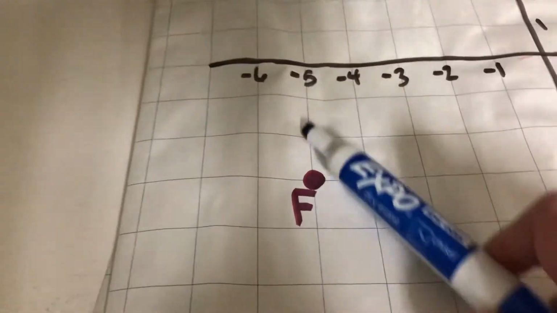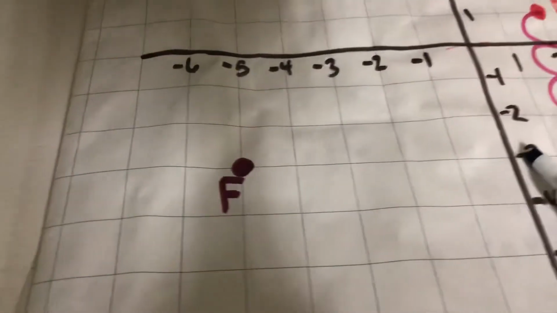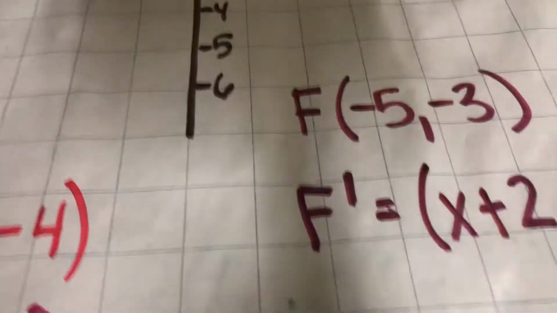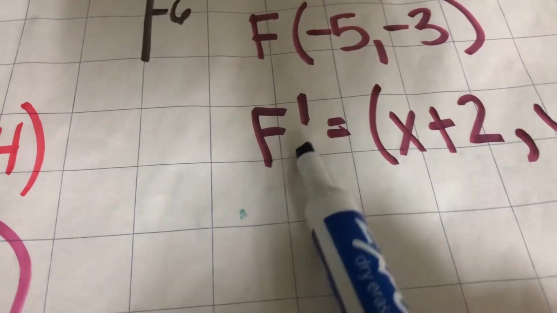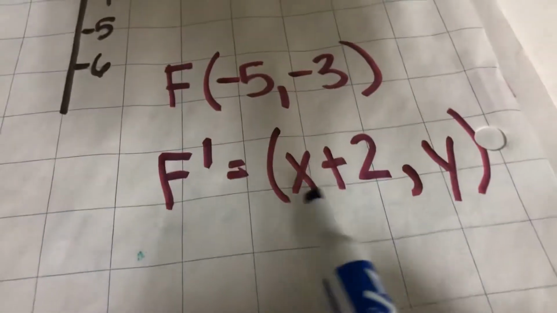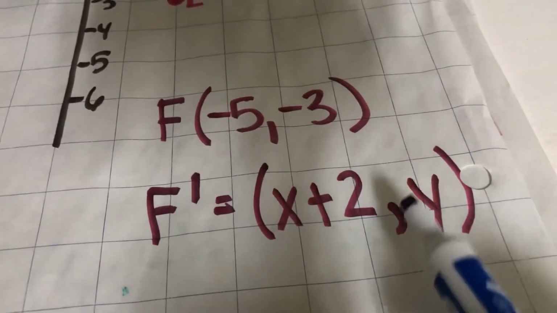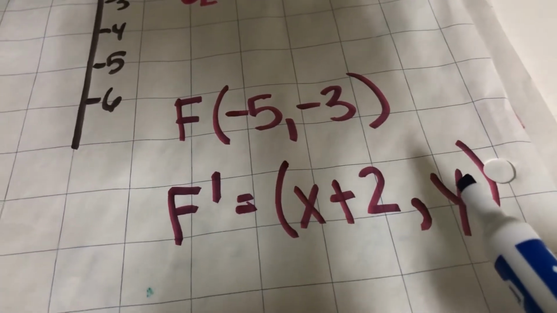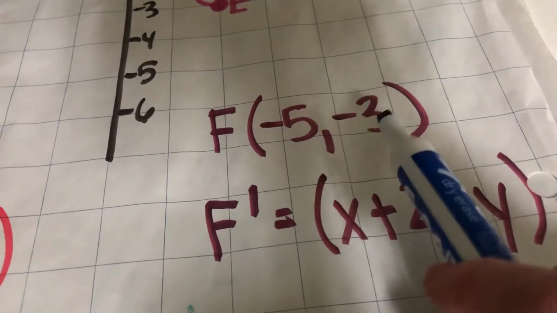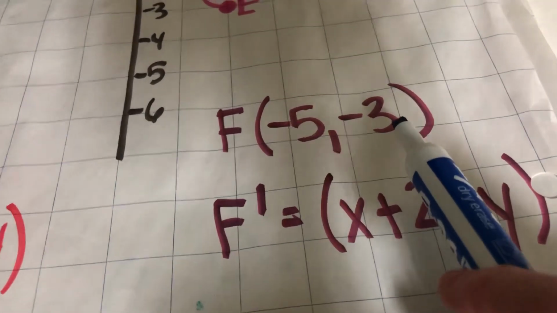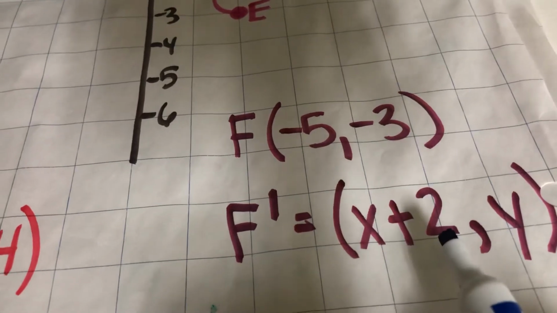I have a -5, -3. Now, according to this, my image, f1, needs to be at (x plus 2, comma, y). So that's telling me that my y is going to stay the same. So my y is going to stay -3. My x has to increase by 2.